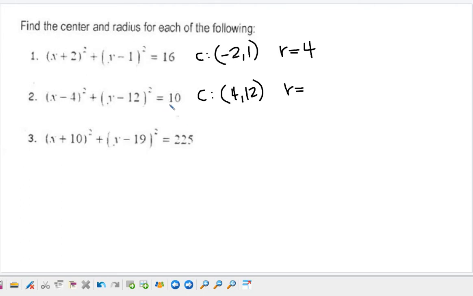And my radius is the square root of what's on this side, so square root of 10. Now this is super common to get a radius that is the square root of a number, so don't panic, it happens quite often. So center is opposite, so (-10, 19), and radius would be the square root of 225, which is 15. Okay, so that's just reading straight from center radius form.